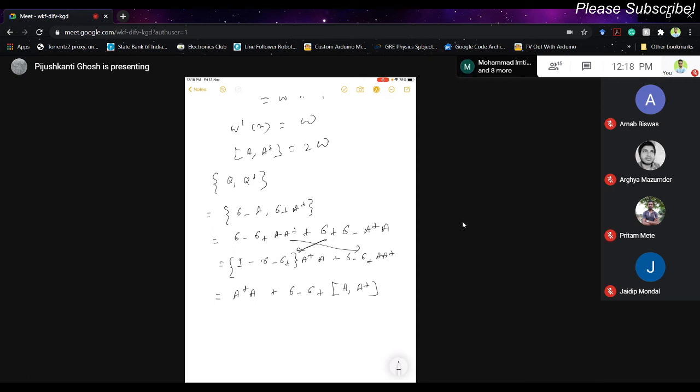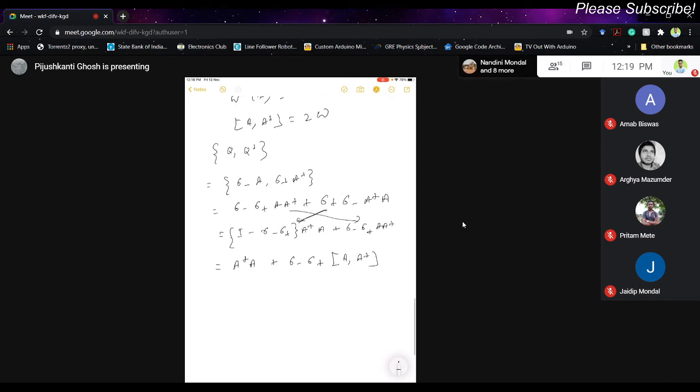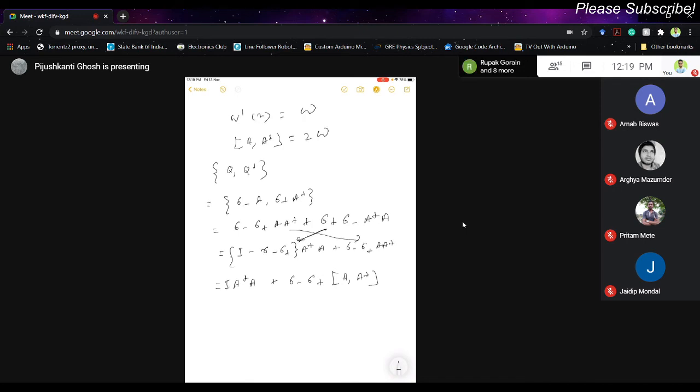Do you agree with this term? In the next line, I into A dagger A is A dagger A; if you prefer you can write I, and then sigma minus sigma plus here and sigma minus sigma plus here, but this coefficient is A dagger and this coefficient is A dagger A, so I take A dagger minus A dagger A. Clear?